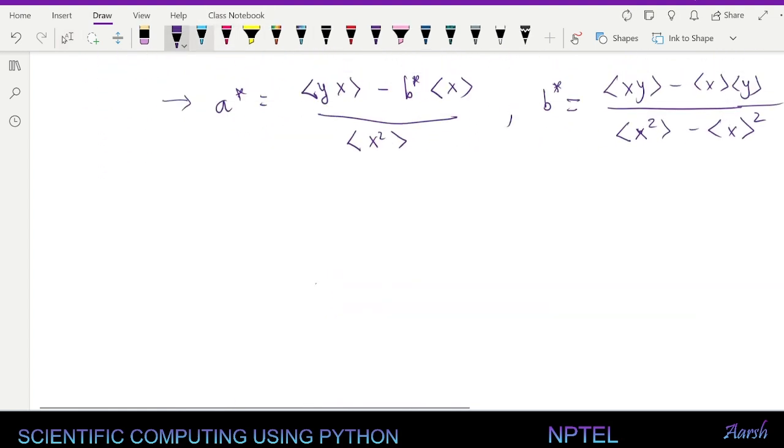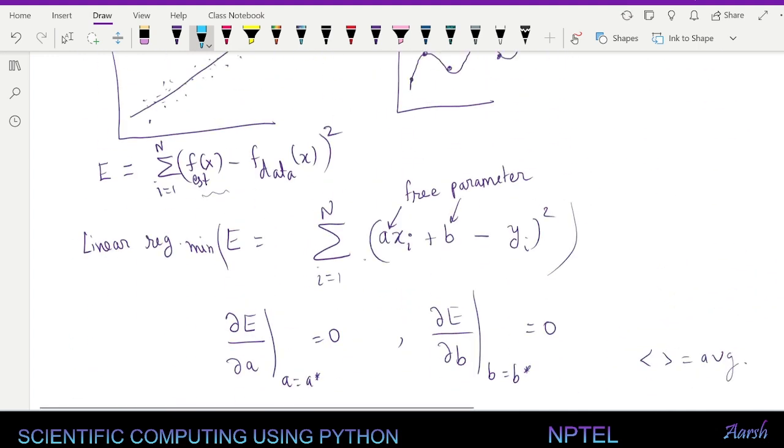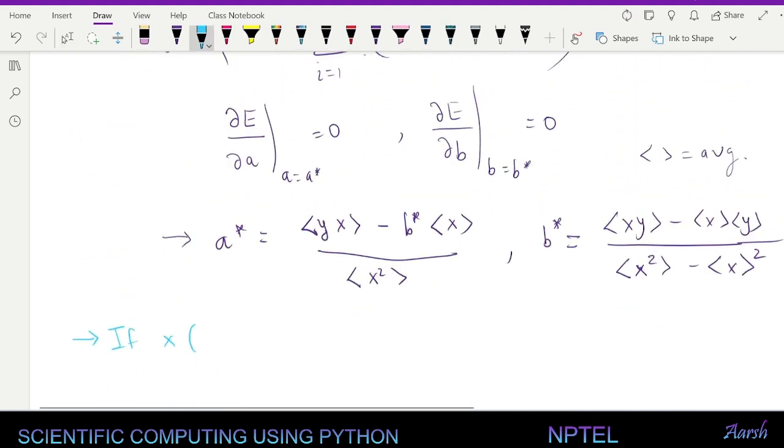What you may not know, which I also did not know a few days before, is this: what we just did is for when y has errors, so it is spread around something, and you can calculate the standard deviation sigma a, sigma b also. It's done in the class.